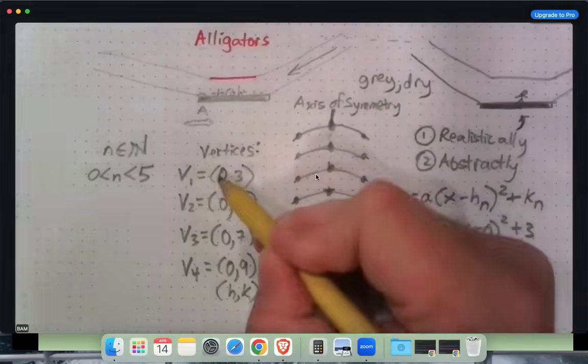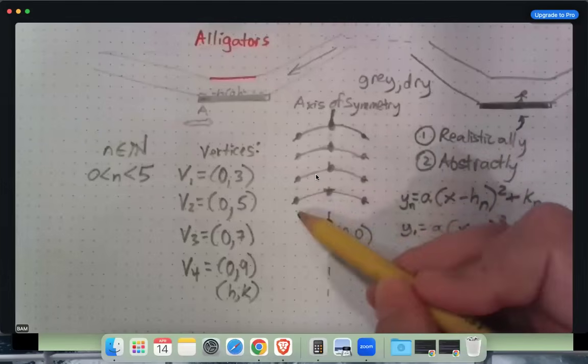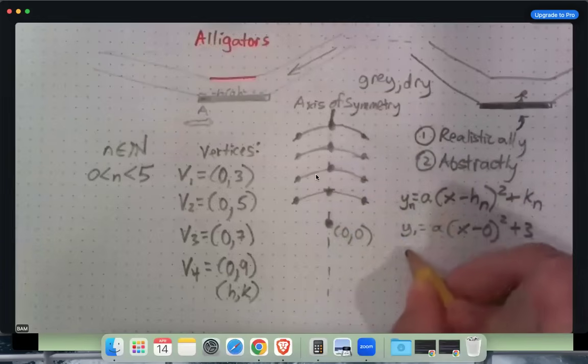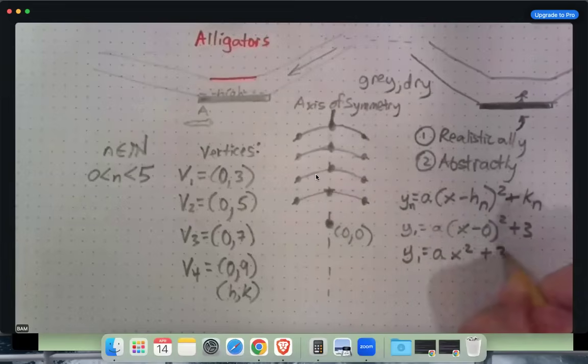So all of the h sub n's are going to be 0 because all of the x parts of the vertices are 0. So y sub 1 is a times x squared plus 3.